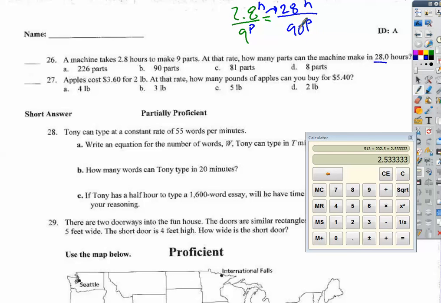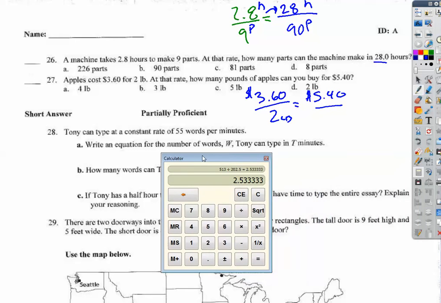And then finally, apples. Oh, who doesn't love a good apple? So we have $3.60 for 2 pounds. How much can we buy for $5.40? What I would do here is, well, I can reduce this, right?